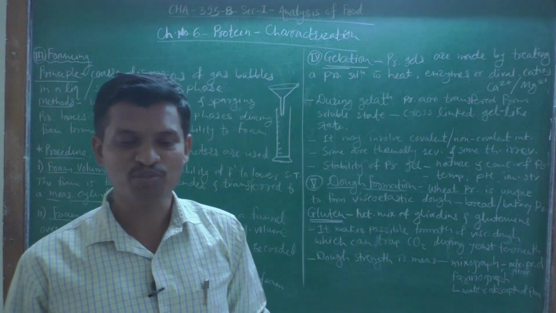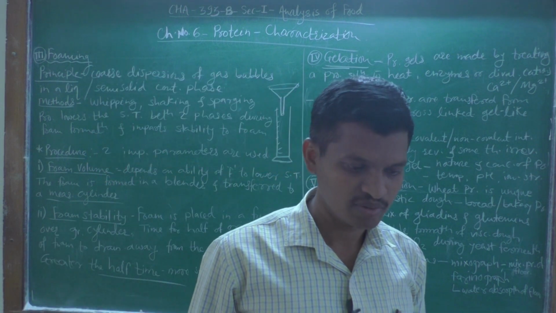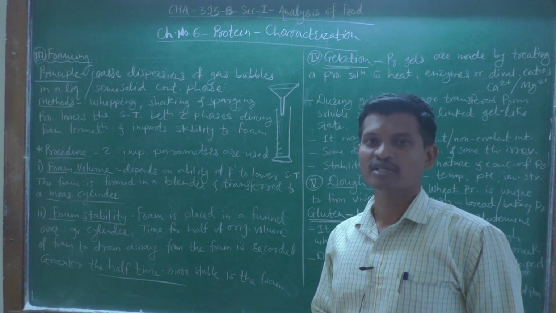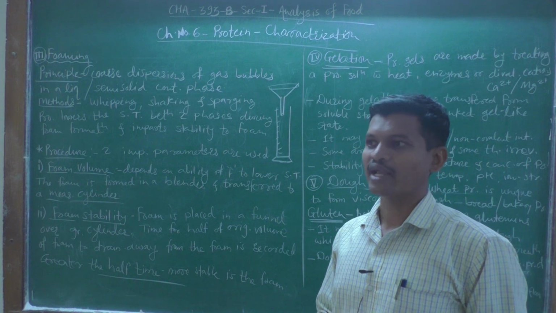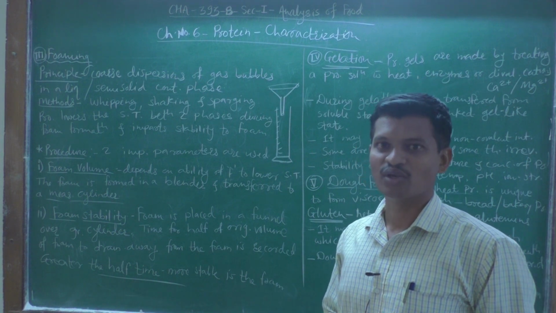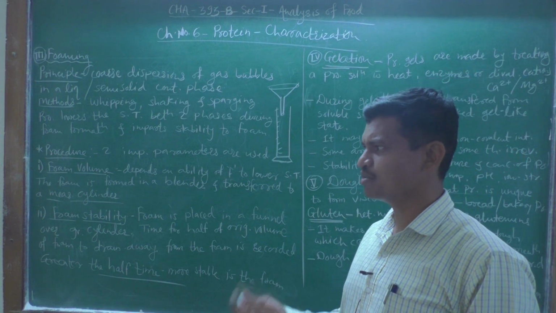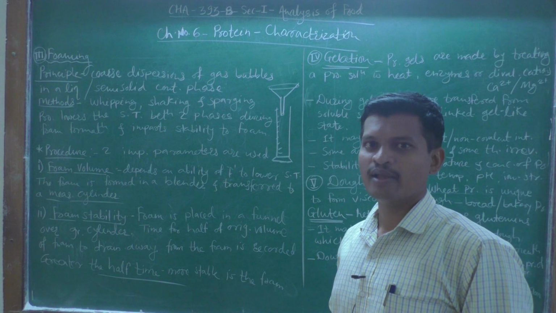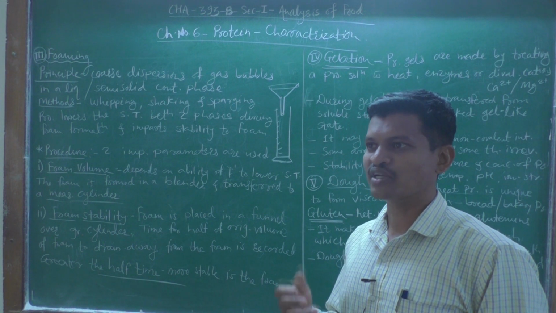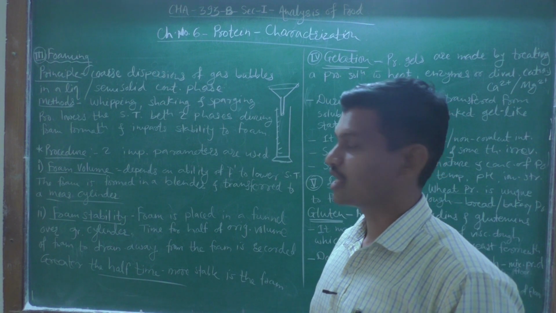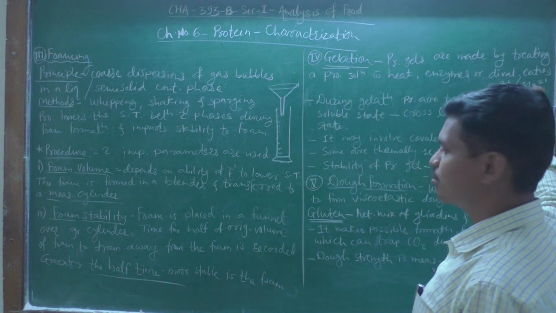Some protein gels are formed by giving a heat treatment to them. Some protein gels are formed by an enzymatic reaction known as proteolysis, and some protein gels are formed by treating protein solutions with divalent cations such as calcium 2 plus or magnesium 2 plus.